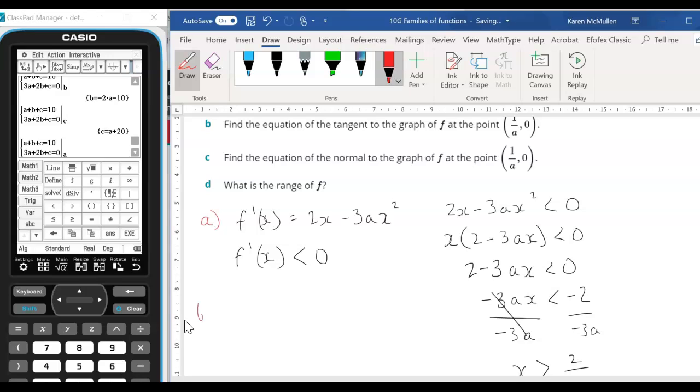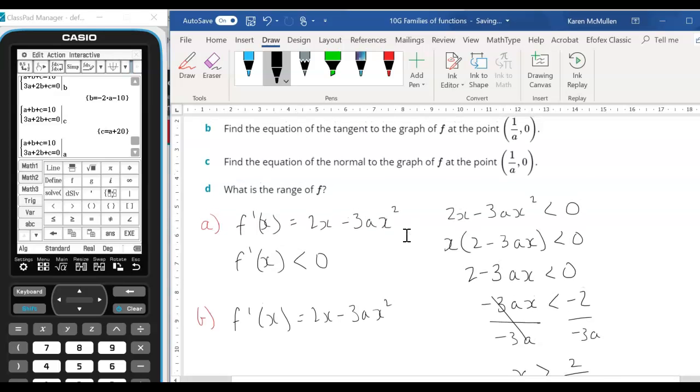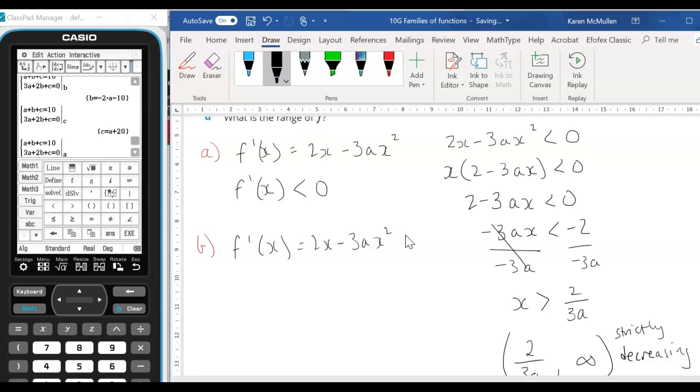Okay, find the equation of the tangent to the graph of f at the point 1 over a, 0. All right, so again, we're using the derivative. So I'm going to write that again. And we want it at the point 1 over a. So I'm going to substitute in 1 over a. Just make sure you're substituting for x, not a.